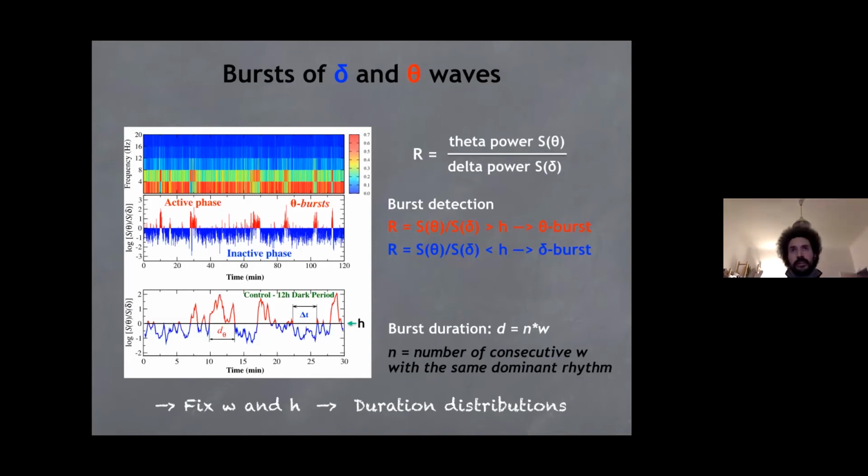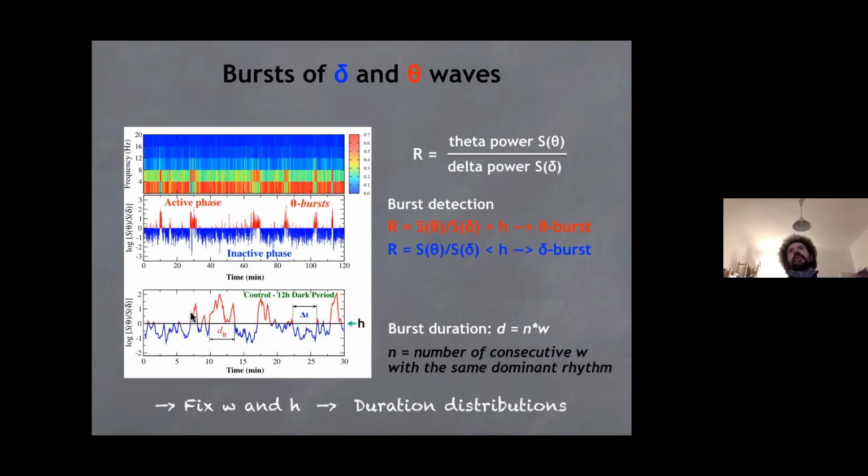So we take this ratio, and when you consider this ratio, the temporal evolution of the EEG activity is basically mapped into a random walk. So what we do is the following.